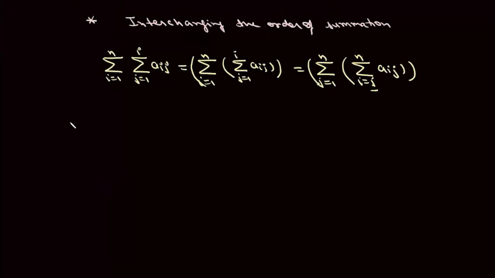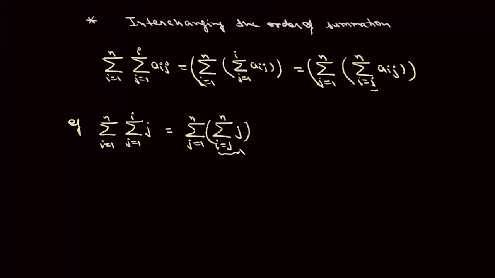For example, if you're given the summation i varies from 1 to n and summation j varies from 1 to i of j, we can write this as the summation j varies from 1 to n, and then the summation i varies from j to n of j.